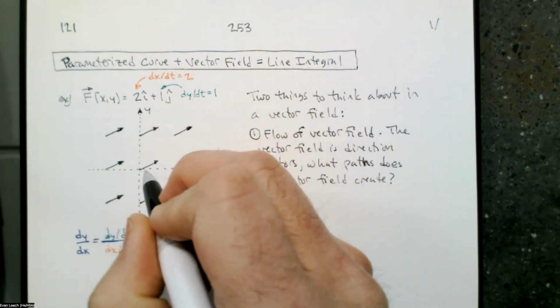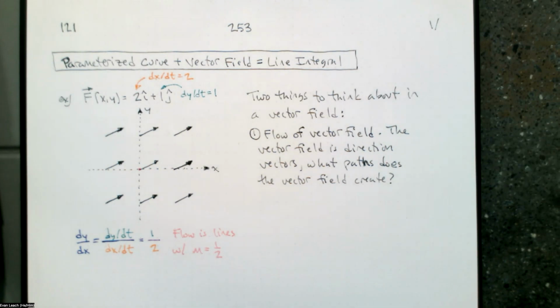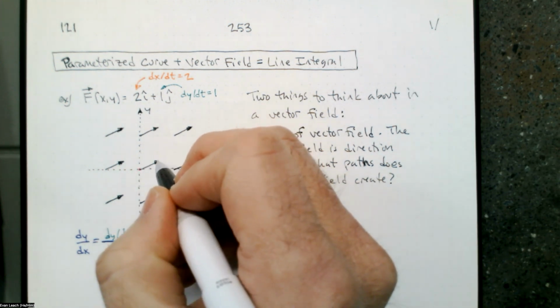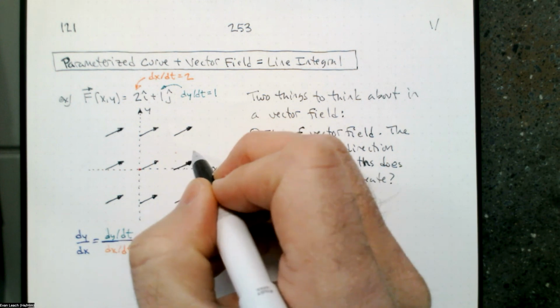If I start off at 0, 0, and just follow the path of the vector field, it says go in this direction, 2i plus 1j, and do that forever. That's still the direction we should follow, 2i plus 1j.